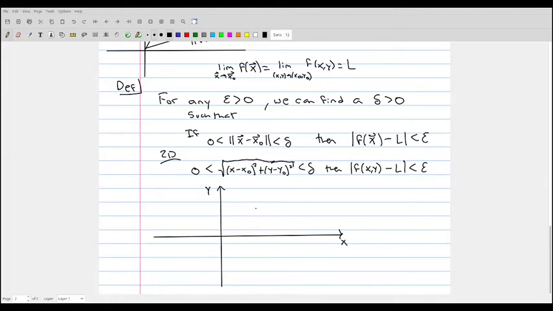Specifically, this is saying that at any point x naught, with the x coordinate here and the y coordinate here as y naught, for any value of epsilon, no matter how small you want to make it, you can find a region around the point x naught, sometimes called a delta region.